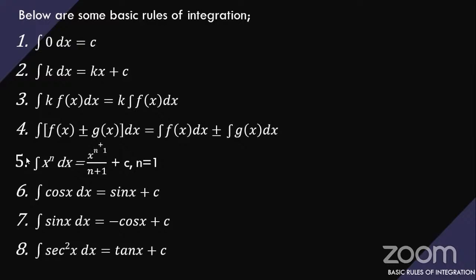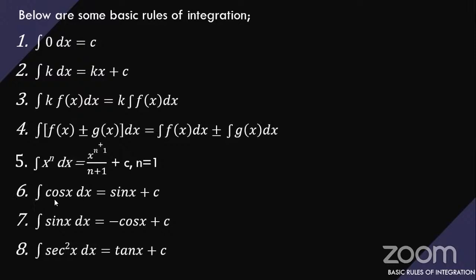When we also integrate x raised to the power of n dx, what we will get is x raised to the power of n plus 1 over n plus 1 plus a constant, where n is not equal to minus 1.